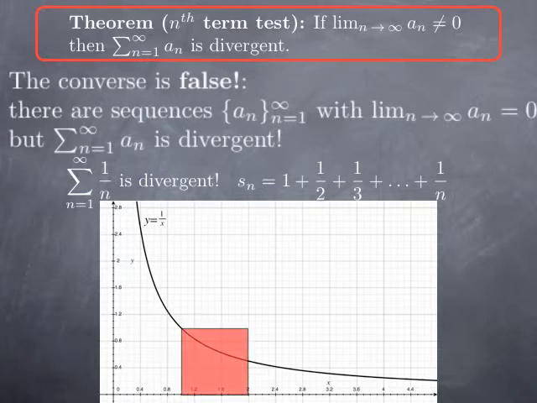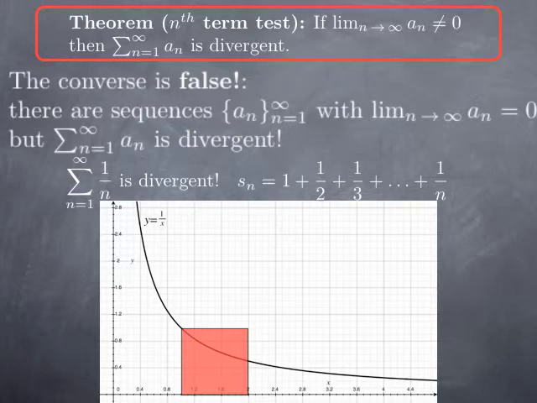I'm going to represent the first term 1 as a square whose base on the x-axis goes from 1 to 2, and height corresponds to the value of the function 1 over x at the leftmost endpoint of the interval, in other words at 1.